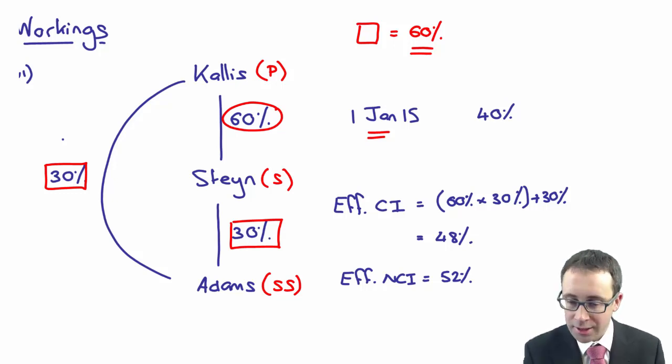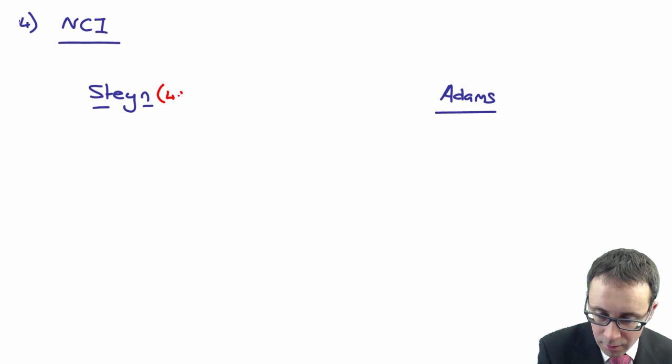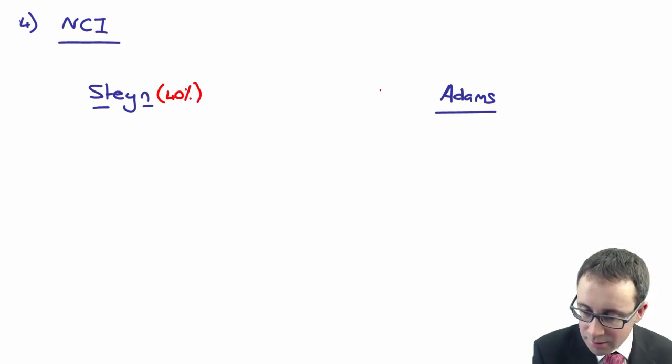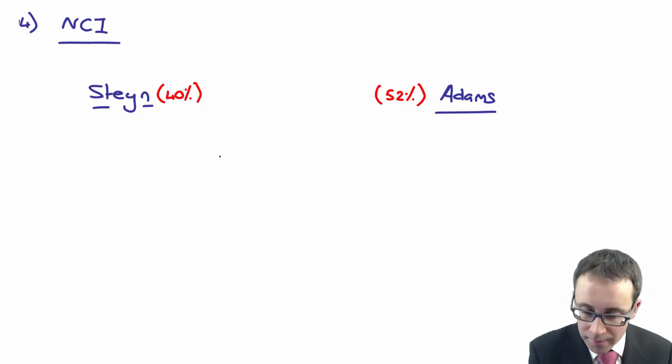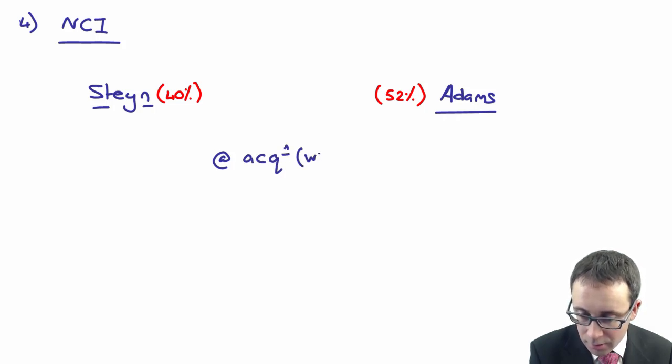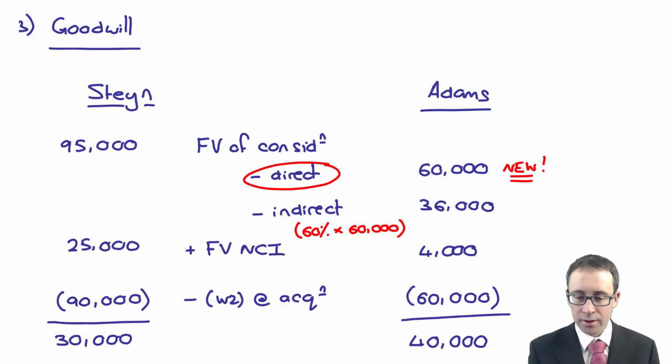So the non-controlling interest in the sub is 40%, and in the sub-sub it's 52%. And remember, we need to put in the non-controlling interest at acquisition.